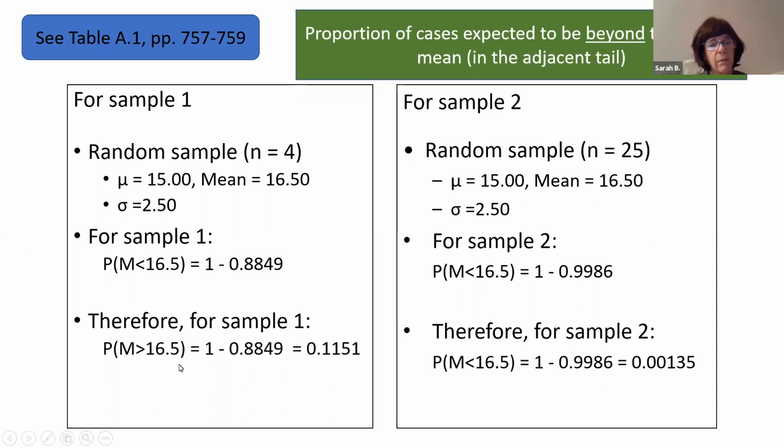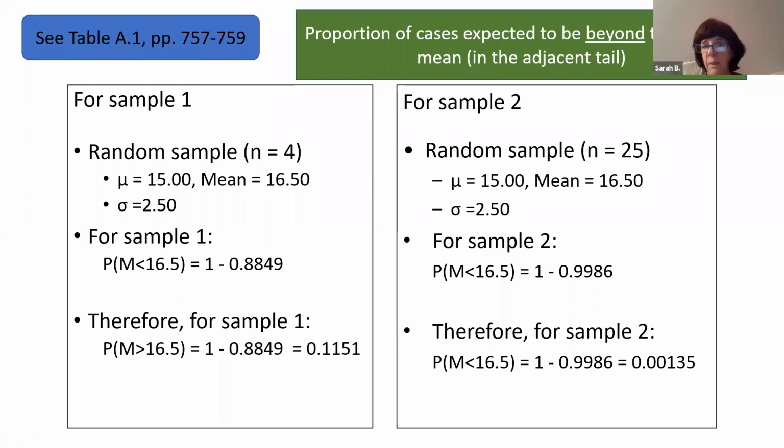Therefore, if we say 100% minus 88.49%, that is below that, then 0.1151 of the unit distribution is above a sample mean of 16.5, or a corresponding z of 1.20, given this sample size, the population mean, and the population standard deviation.